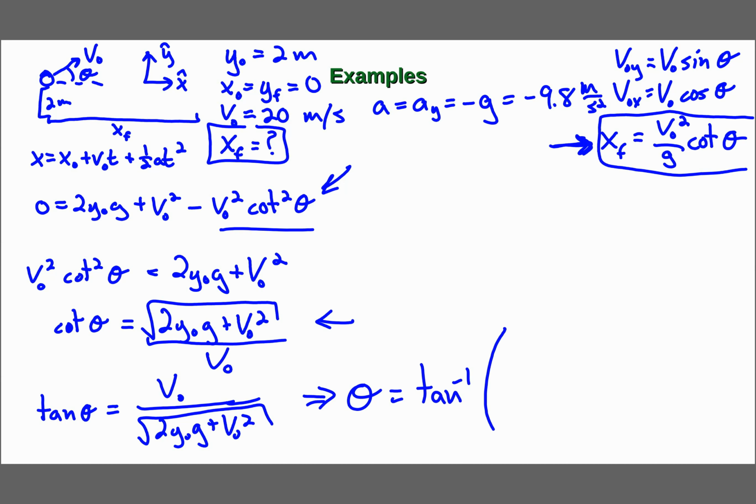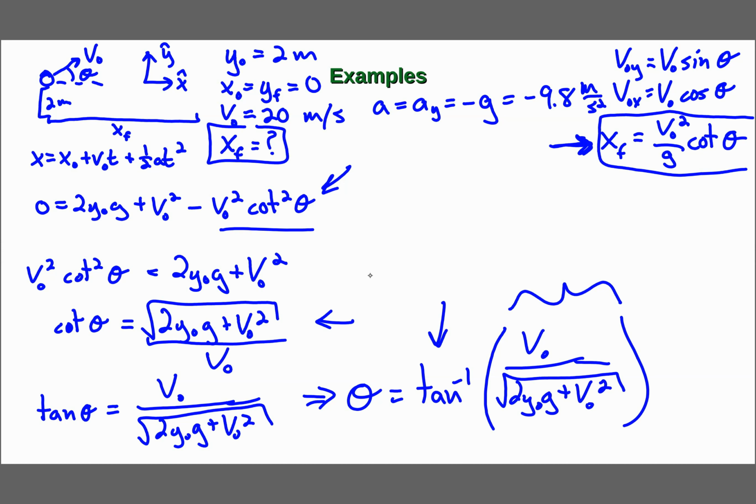So, in this case, it's v naught over the square root of 2 y naught g plus v naught squared. So what this is telling me is this is going to give me an angle that if I put this angle into the function tangent, it would give me this quantity right here. Okay? So that's arctangent.